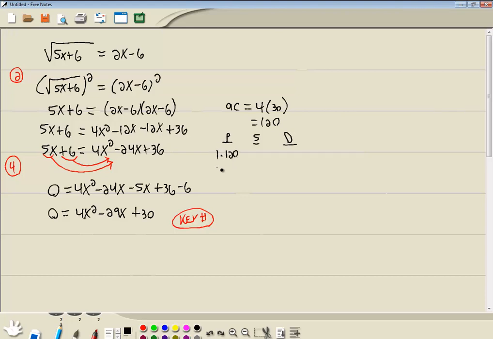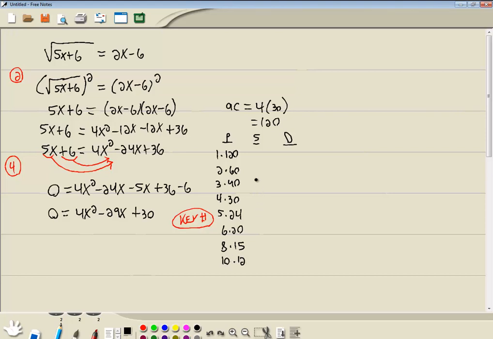There's 1 times 120, 2 times 60, 3 times 40, 4 times 30, 5 times 24, 6 times 20, 8 times 15, 10 times 12.